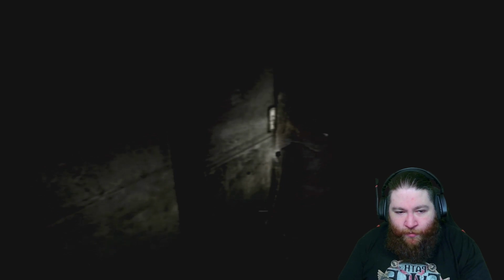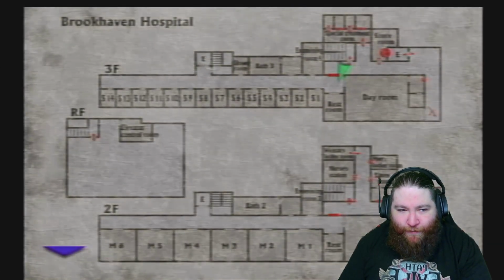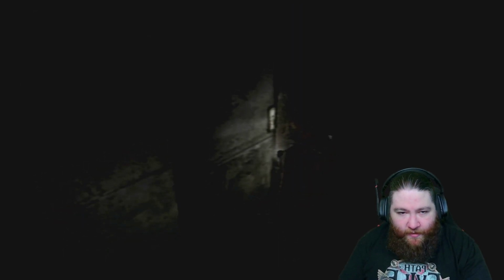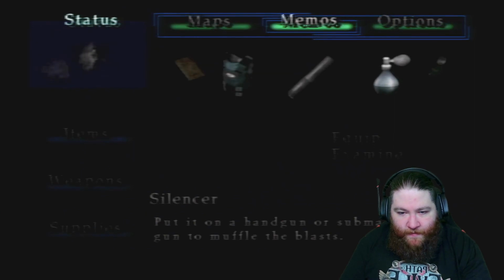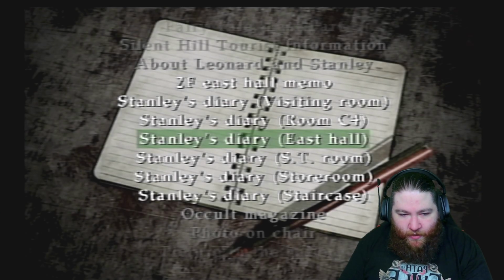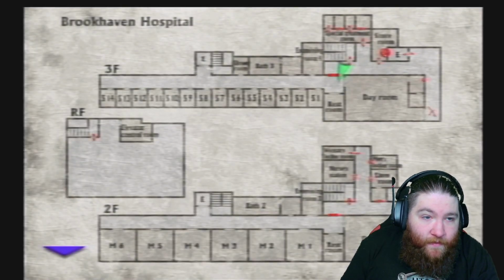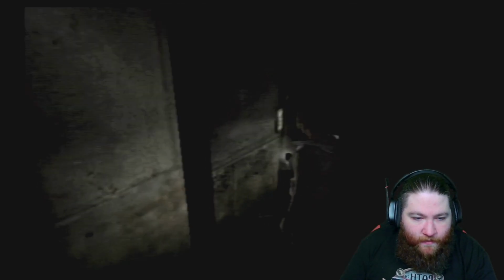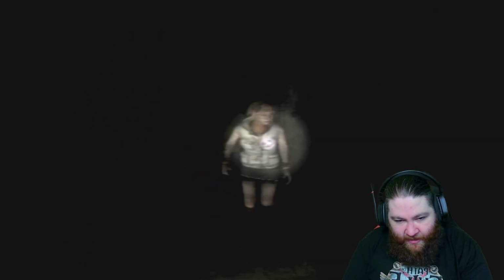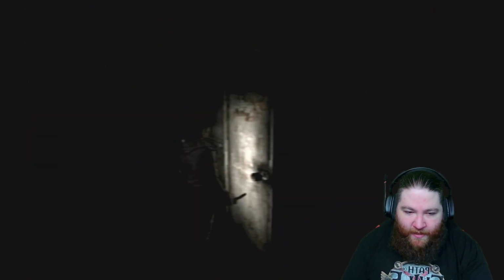But where did we find that memo? We found it on the 1st floor, right? East Hall. Where is East Hall? It was like on a stretcher, like right here. I think it was on the first floor. So that's what was confusing me, is Stanley was talking about a different door.